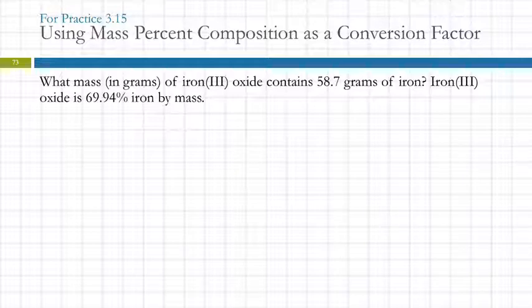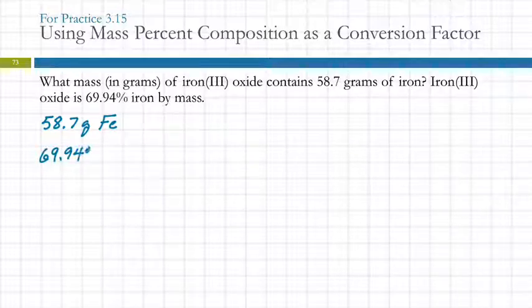So I'm looking here, and I do have some numbers, so I can write those numbers down as a starting point. 58.7 grams of iron, and then I've got 69.94% iron. So I want to rewrite that percentage as a per 100.